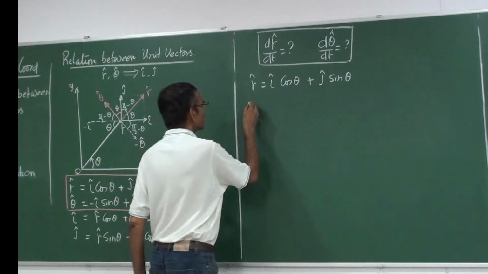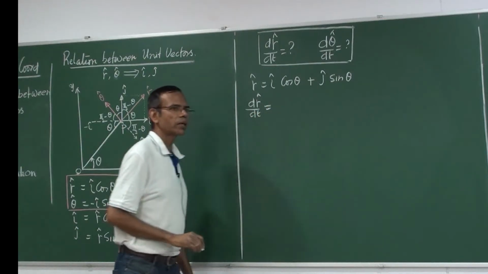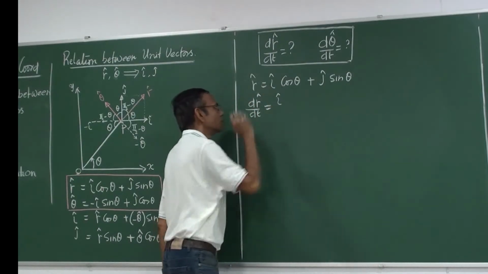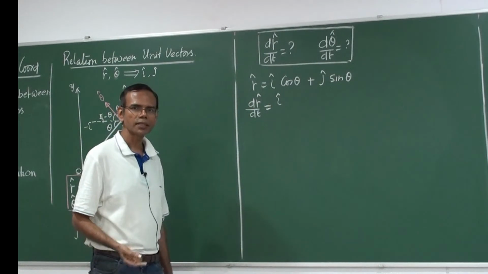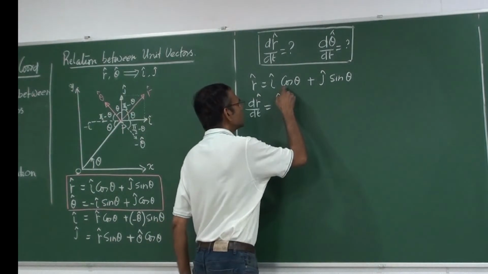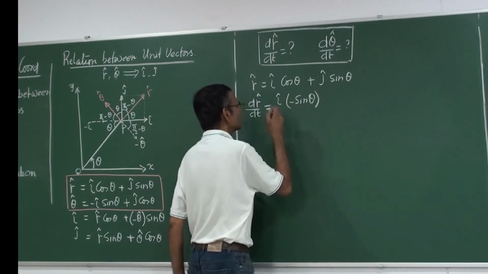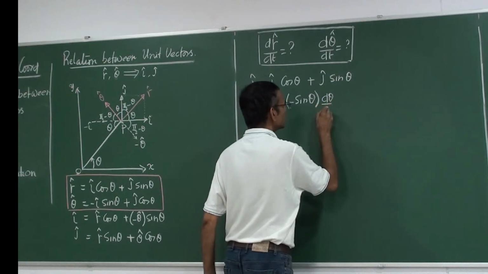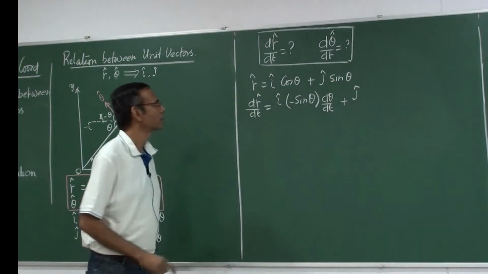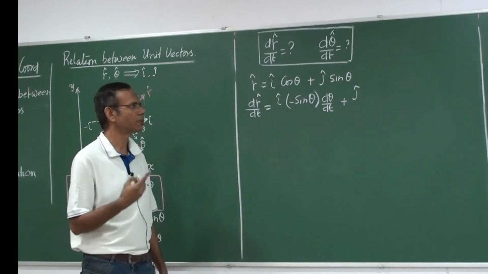Let us write dr cap by dt. I cap is a fixed vector, so I will write I cap. Then d/dt of cos theta is d/d theta of cos theta into d theta by dt. You know that. So d/d theta of cos theta is minus sin theta, and d theta by dt. Plus again J cap is constant. d/dt of sin theta, I can write d/d theta of sin theta into d theta by dt.